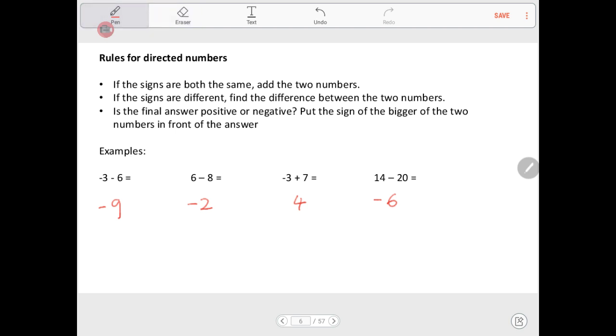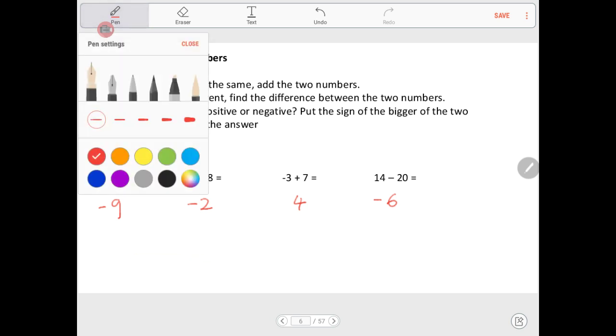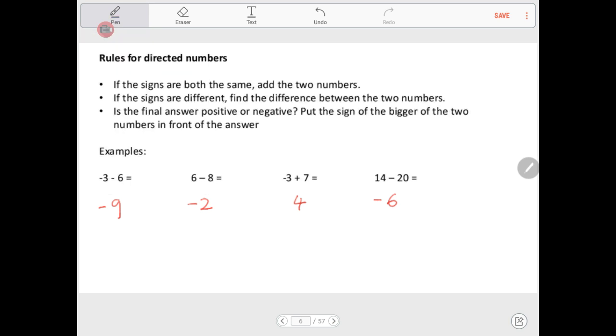The classic way that us teachers like to show this is using a number line, of course. So that would involve a line like this. Just bear with me and I'll put a line on the page.